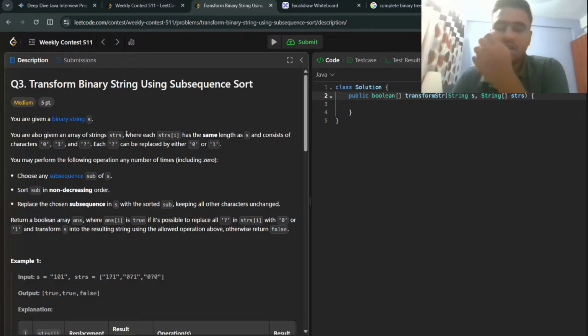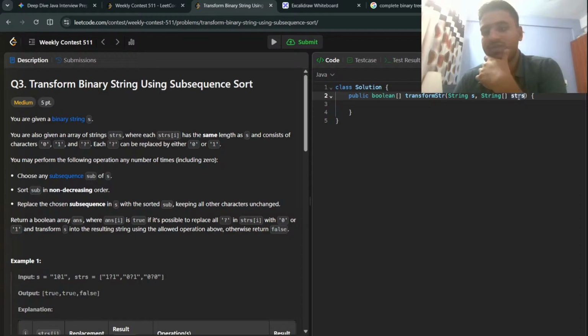Each array string element has the same size as S, right? And this string also includes some question marks. So we have to replace those question marks with either 0 or 1.